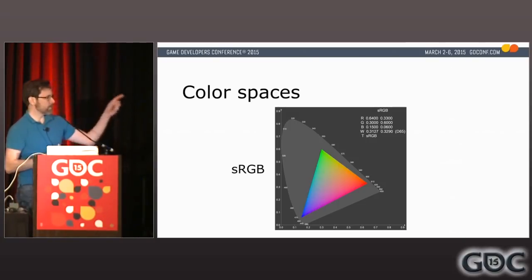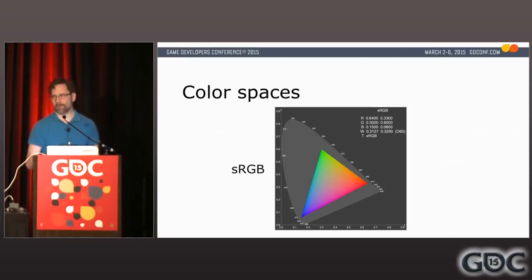And within that, I've shown a triangle. And this is the triangle that we can represent with our standard color space, which is sRGB, S being standard. You will often see this diagram with color all the way up to the edges of this weird horseshoe shape.